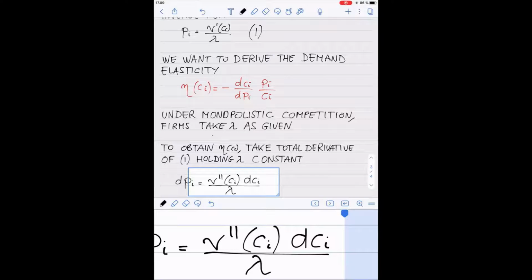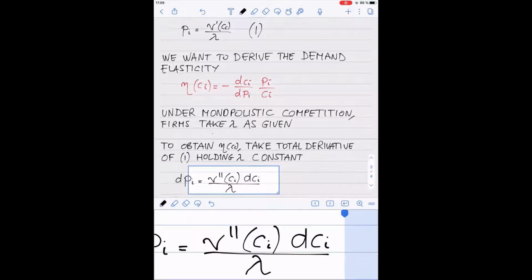Okay, excellent. Now recall that v double prime is negative, right? So this makes sense, and there would be a negative sign there somewhere.